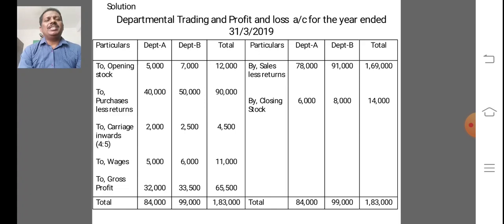So on the credit side, department A's total is 84,000, department B's total is 99,000, and the total of A and B is 1,83,000. So the debit side difference is called gross profit: 32,000 for A department, 33,500 for B department, and total gross profit of A and B department is 65,500.